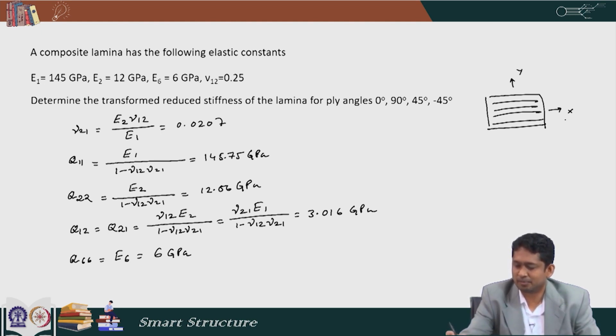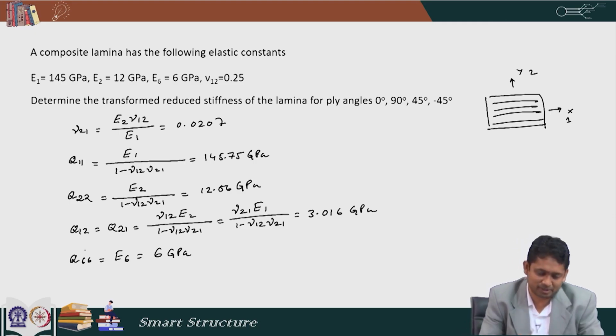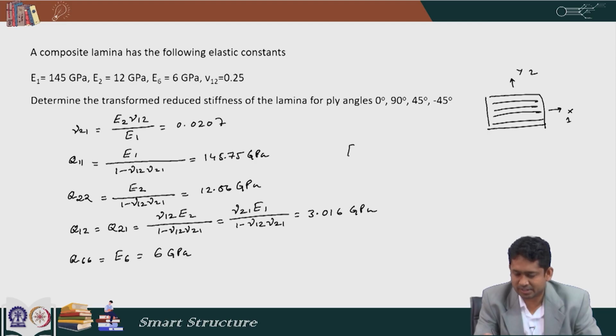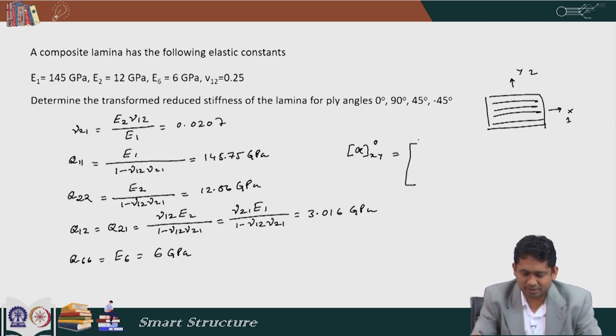So, here the 1-2 axes and x-y axes are the same. So, there is no difference between the Q matrix with respect to x-y and the Q matrix with respect to 1-2. So, we can write here Q with respect to x-y system for 0-degree orientation is just the Q matrix that we get for the material direction.